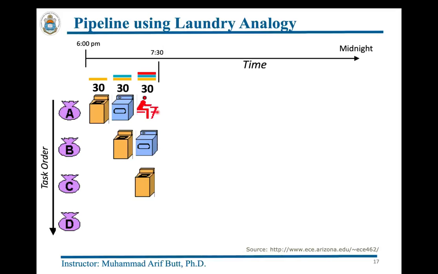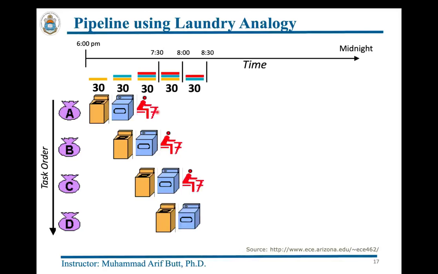Well, dear students, this process goes on. You can observe that task A gets completed at time 7:30. Task B gets completed at time 8. Task C gets completed at time 8:30.